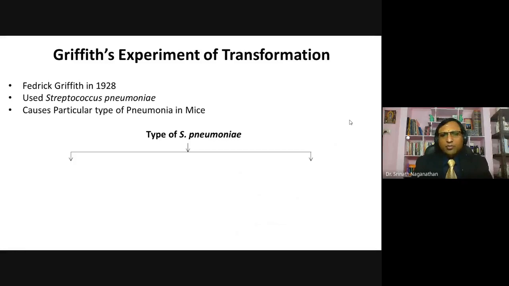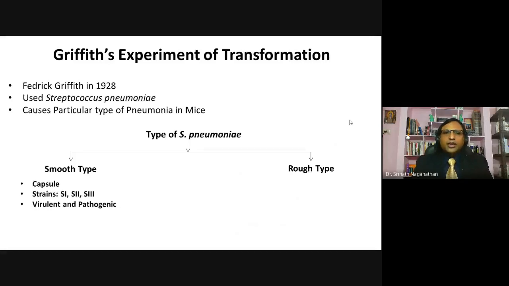So let's see the types of S. pneumoniae strains. The first strain is the smooth type, and the other one, as I said, is the rough type. The smooth type has capsules, because of its vegetative nature and to protect itself from the various antibiotics and antibodies present in the mice body.